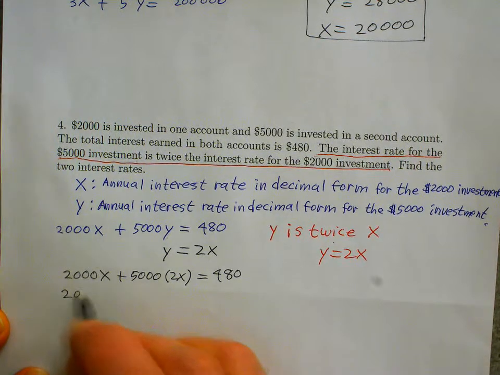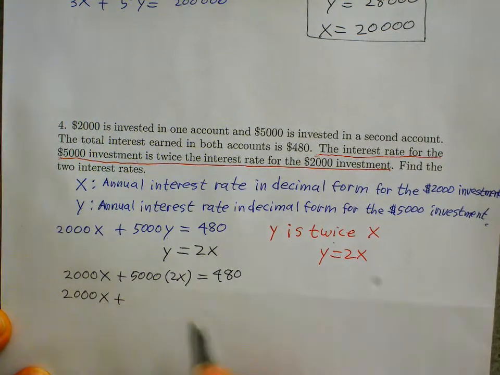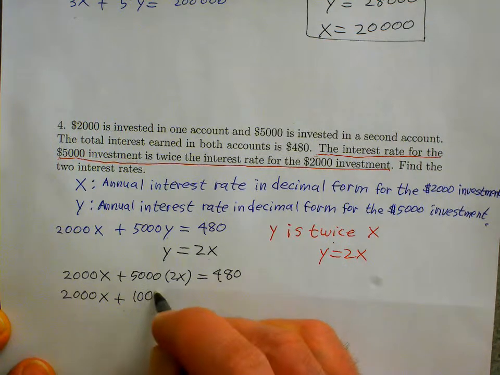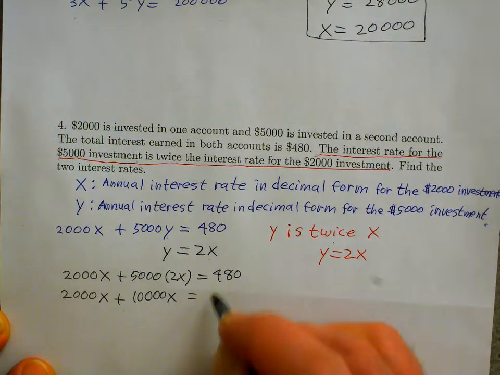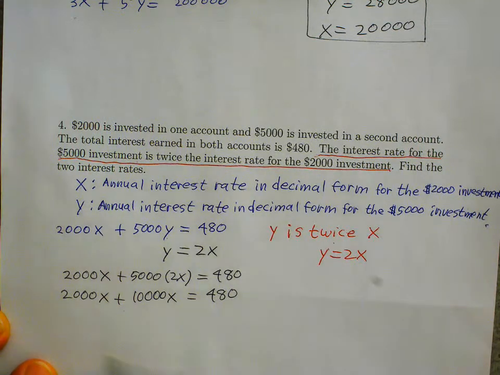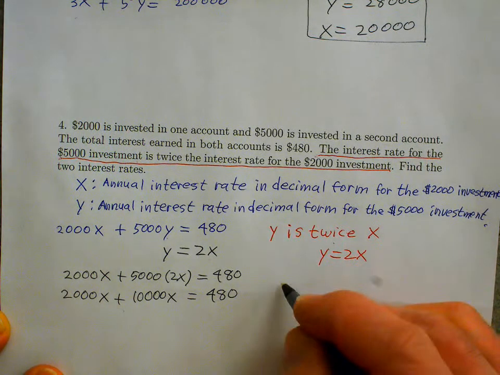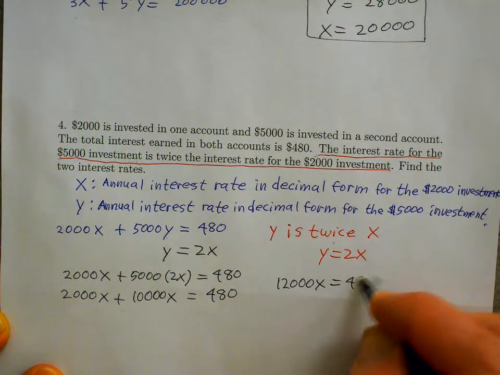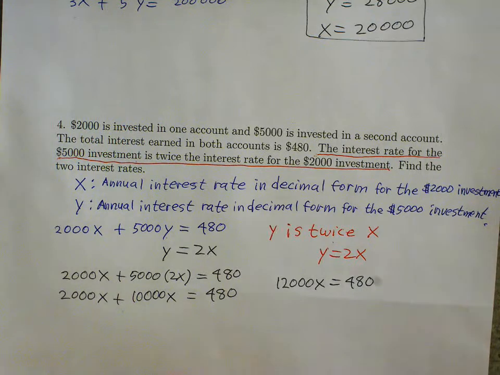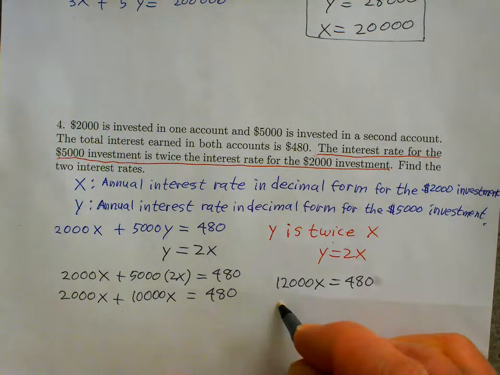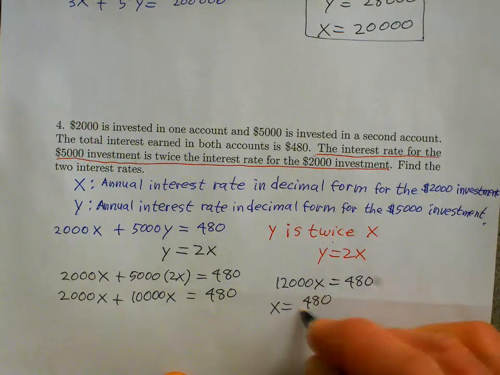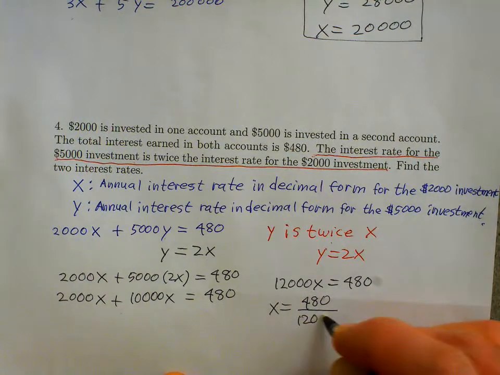We get 2,000x, and then 5,000 times 2x is 10,000x, equals 480. And 2,000x plus 10,000x is 12,000x equals 480. Then divide both sides by 12,000. We get x equals 480 divided by 12,000.